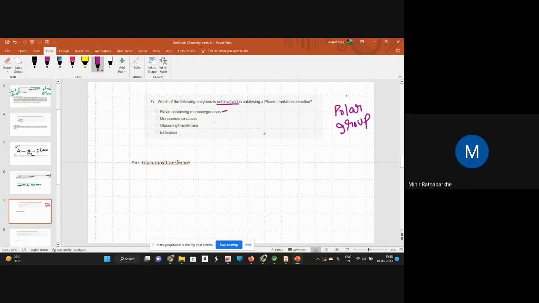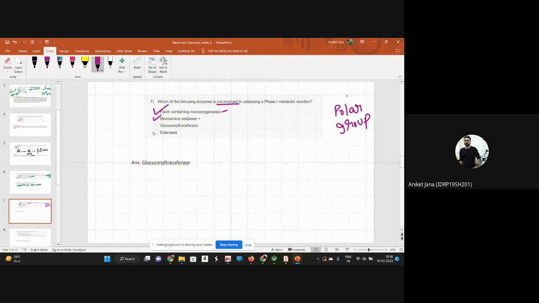Yes, this catalyzes various kinds of phase 1 reaction. Then monoamine oxidases. Yes, this is also catalyzing the phase 1 reaction. The monoamine oxidase catalyzes the formation of aldehydes from the primary amine.